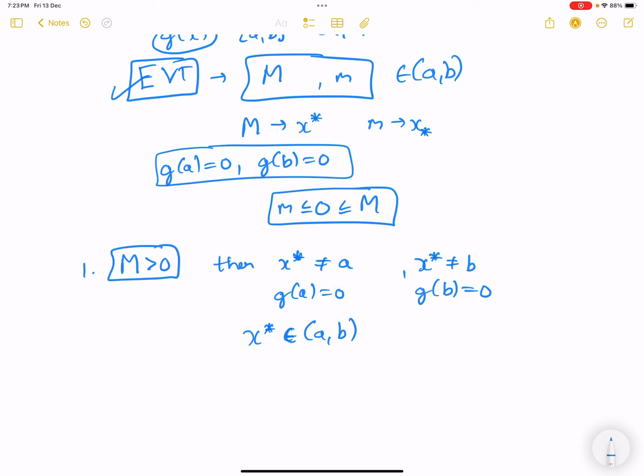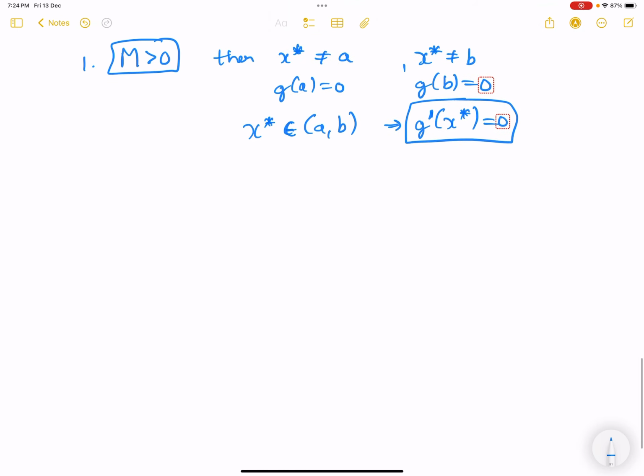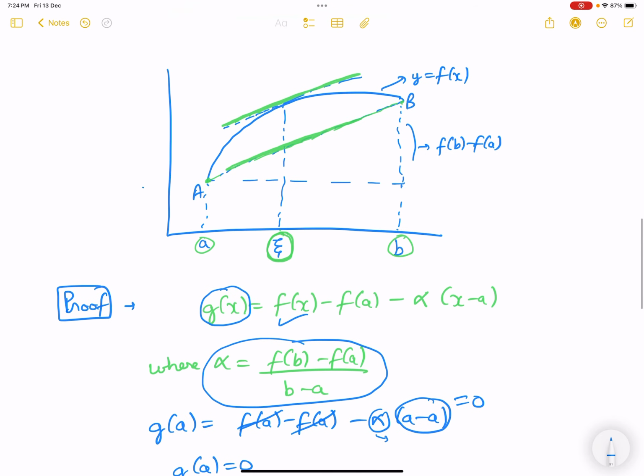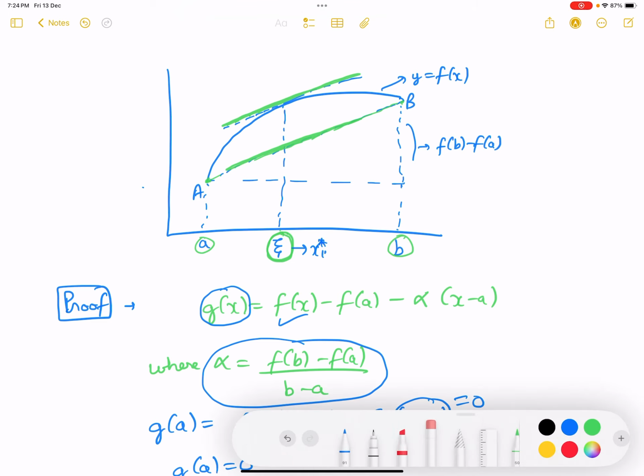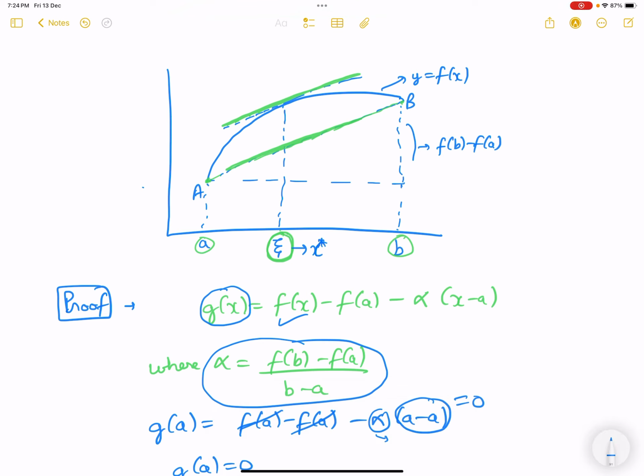And we would have g'(x star) equal to 0 because it is a maximum value, and we have seen in this proof as well, if c is a maximum value, f'(c) is 0. So we have got a value of x star which belongs to the interval (a, b), and for which we have the maximum value at this point.